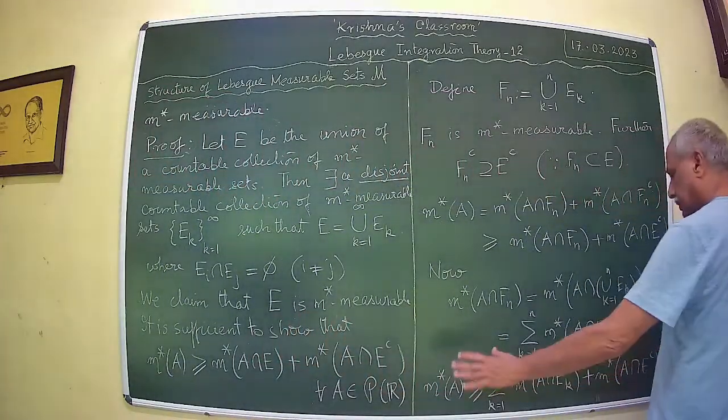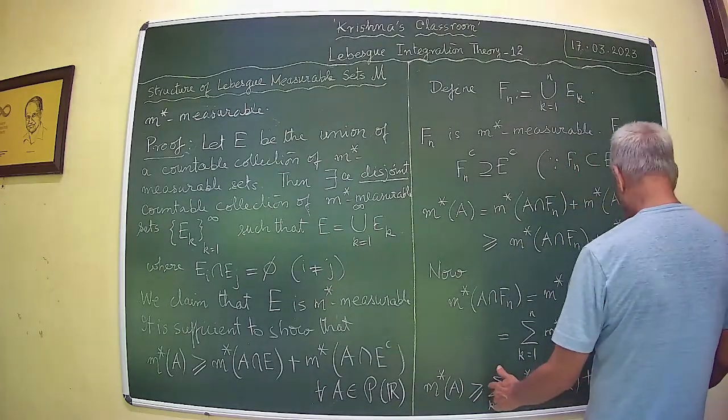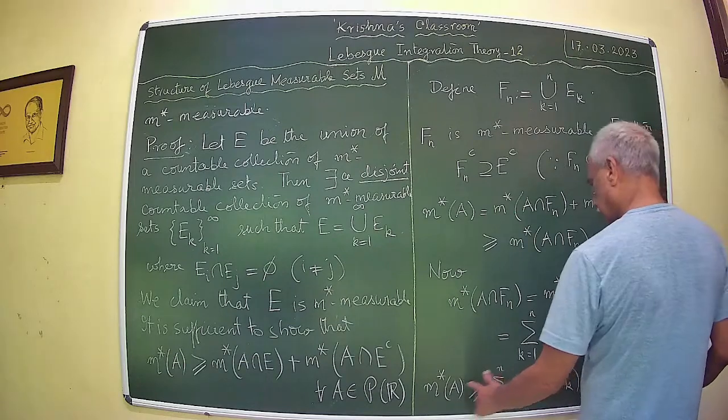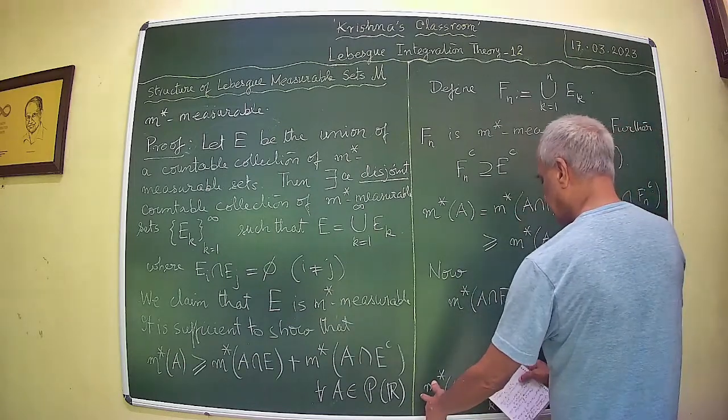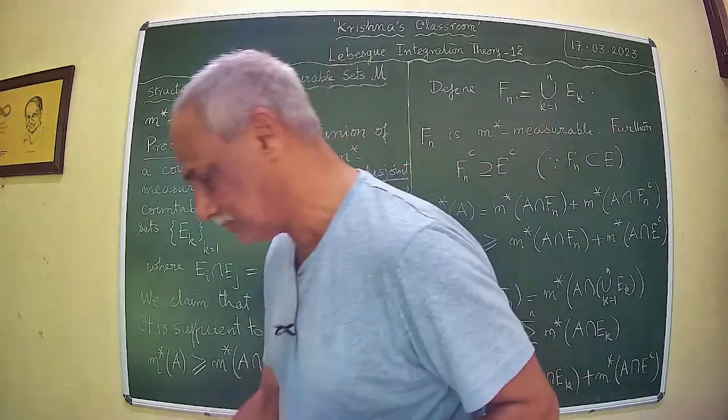So this inequality we have, or in other words, for this particular sum, m star of A acts as a bound. Okay.